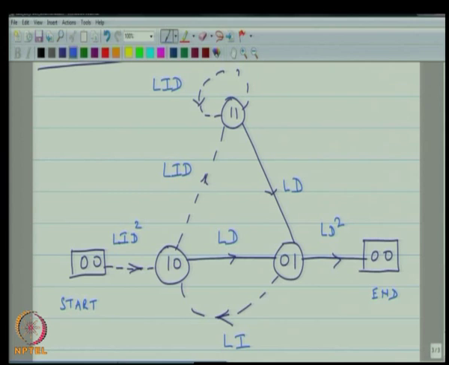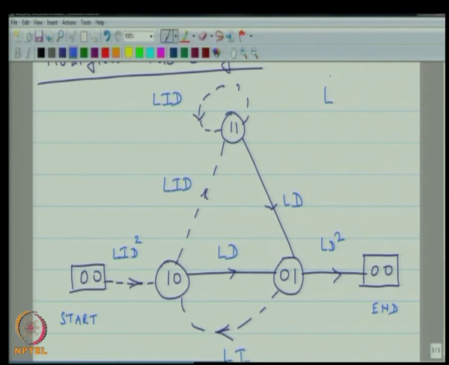So, just to repeat, L to the E1 implies that the length of the path, or the number of message symbols associated with the path, is equal to E1.